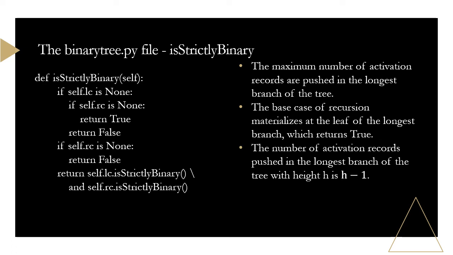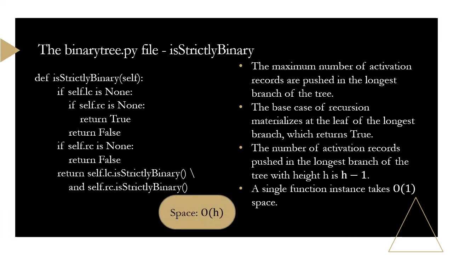The number of activation records pushed in the longest branch of the tree with height h is h minus 1, and a single function instance takes O(1) space. So with O(1) space for one function instance and h minus 1 activation records, we can conclude that space taken by the whole recursion is O(h).